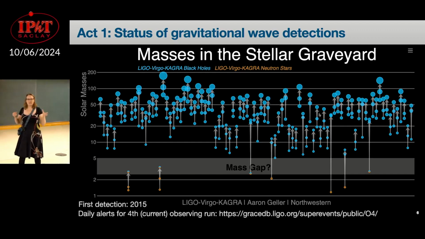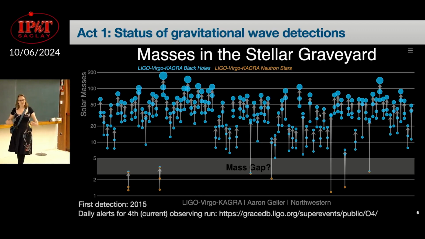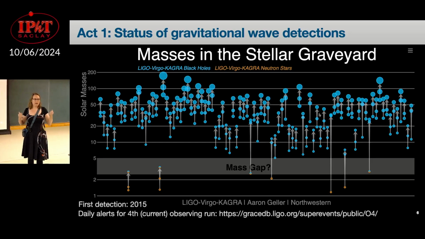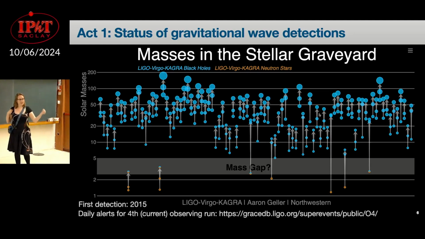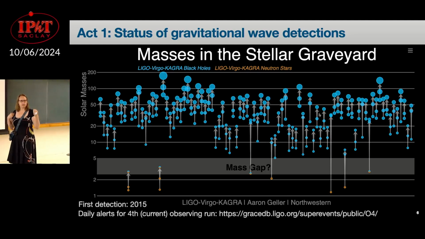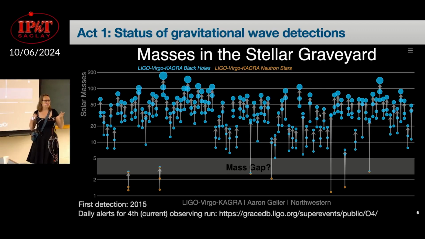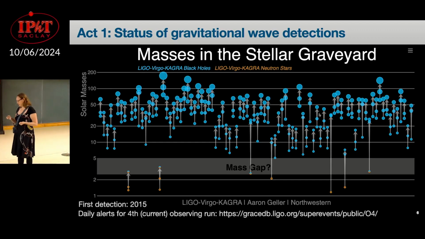So this is just to show you that since the beginning of the first gravitational wave detections, we already have hundreds of events of compact object collisions that we can work with, and where we have measured the gravitational wave signals that give us information about the strong gravity regime. And by strong gravity, I really mean the dynamical, non-linear regime of gravity that unfolds in the merger of compact objects.